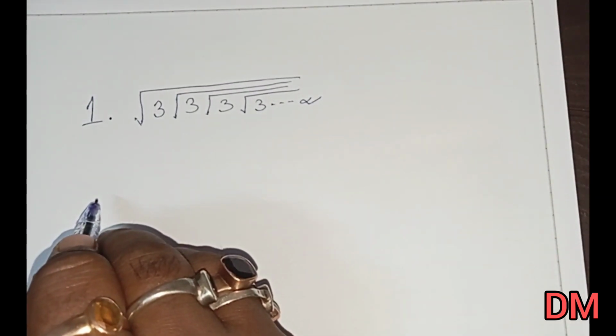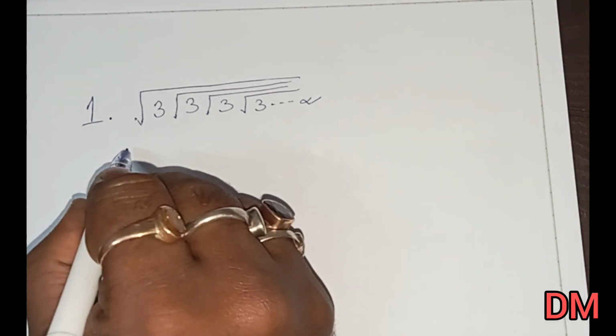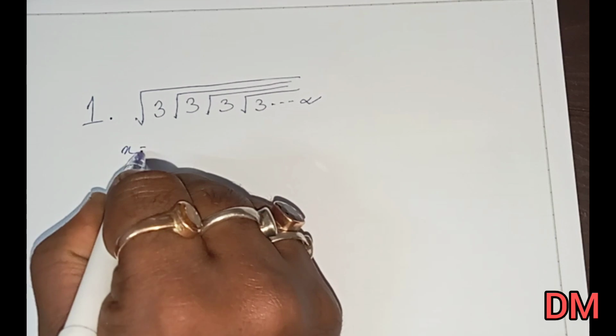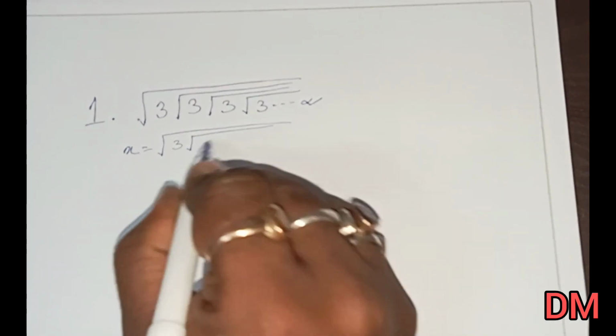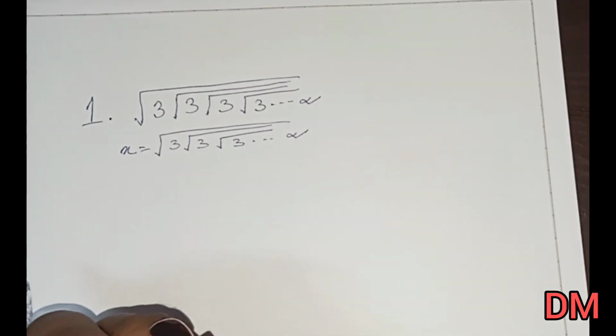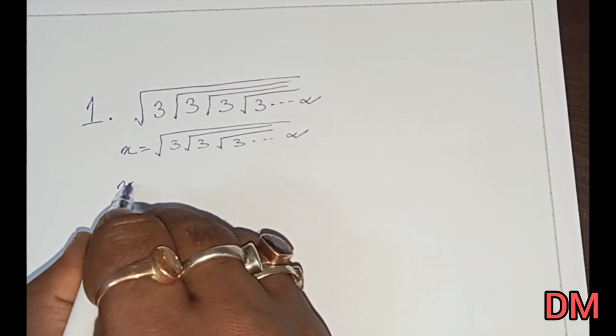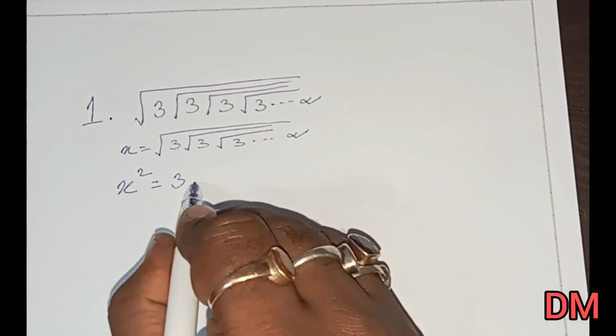Now the question is, what's the value of this? Suppose x equals this one, root 3 root 3 root 3 up to infinity, then x square will be equal to 3 times this whole term.